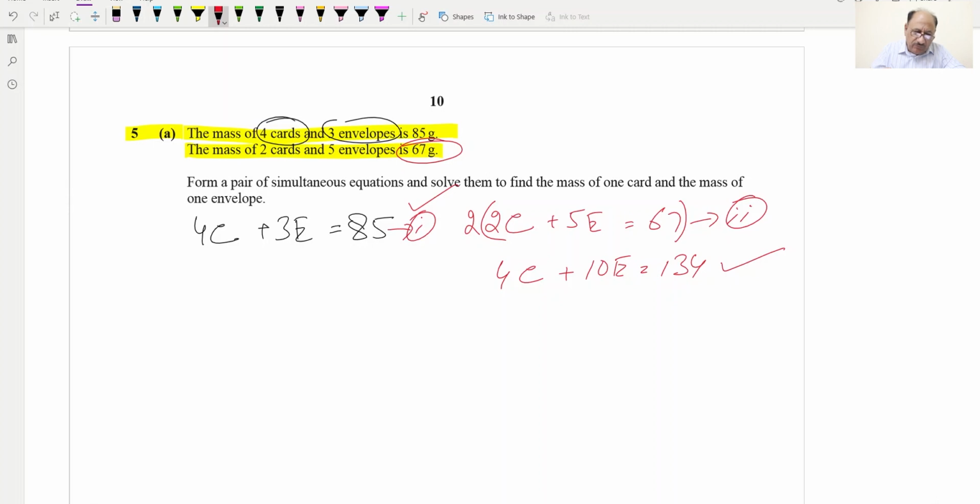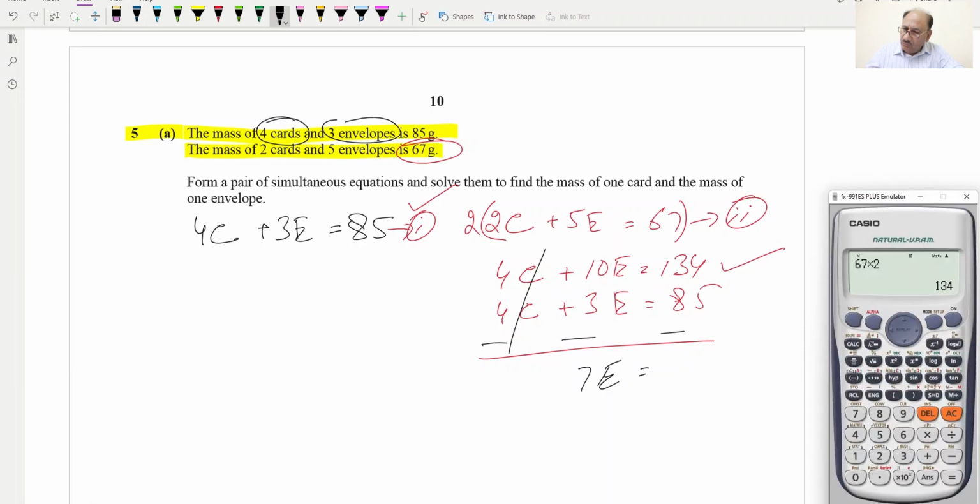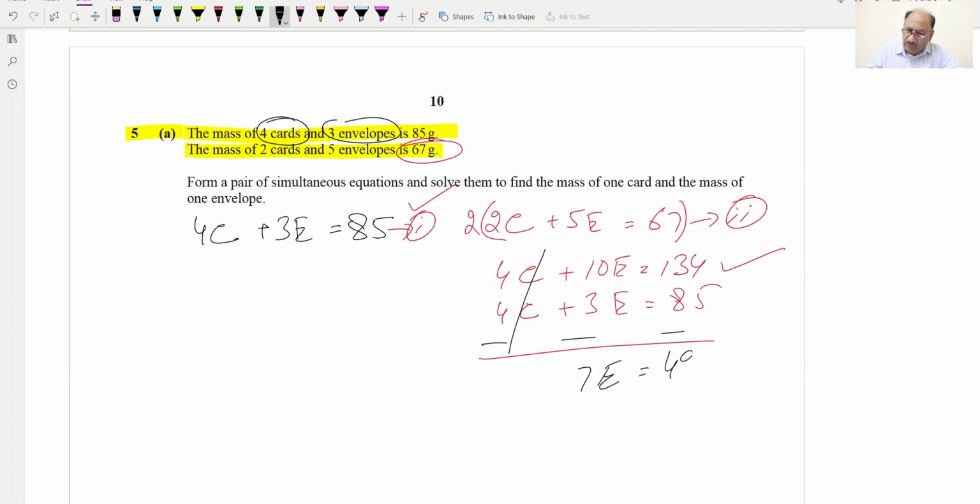We can copy this equation here: 4C plus 3E is equal to 85. Now we can subtract, and the 4C will be cancelled, and it will be 7E is equal to 134 minus 85, which is 49. So this implies E is equal to 7. So we got the E value 7.